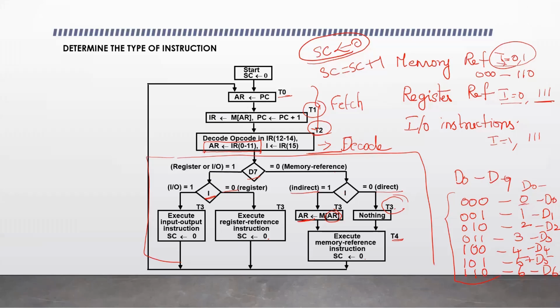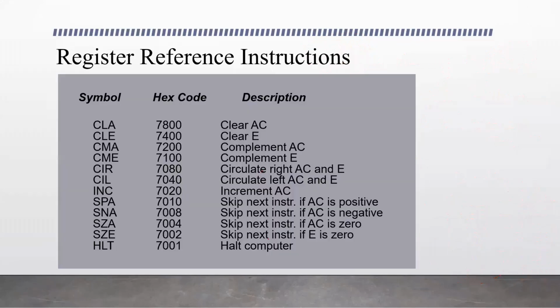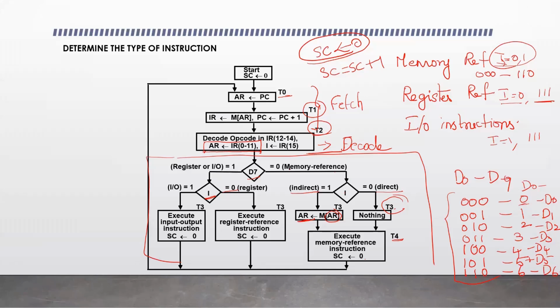This way we determine the type of the instruction by checking the decoder output D7. If D7 is 0, it is a memory reference instruction, and decoder output D7 will be 1 for register reference and IO instruction. And then we check the I bit to find out which type it is. Once this process is over, SC is cleared to 0. These steps are repeated for every instruction.